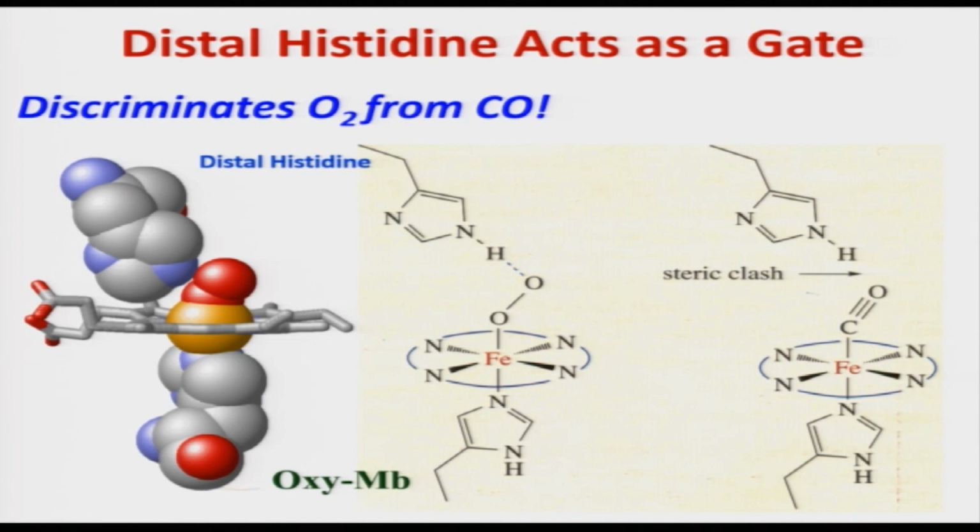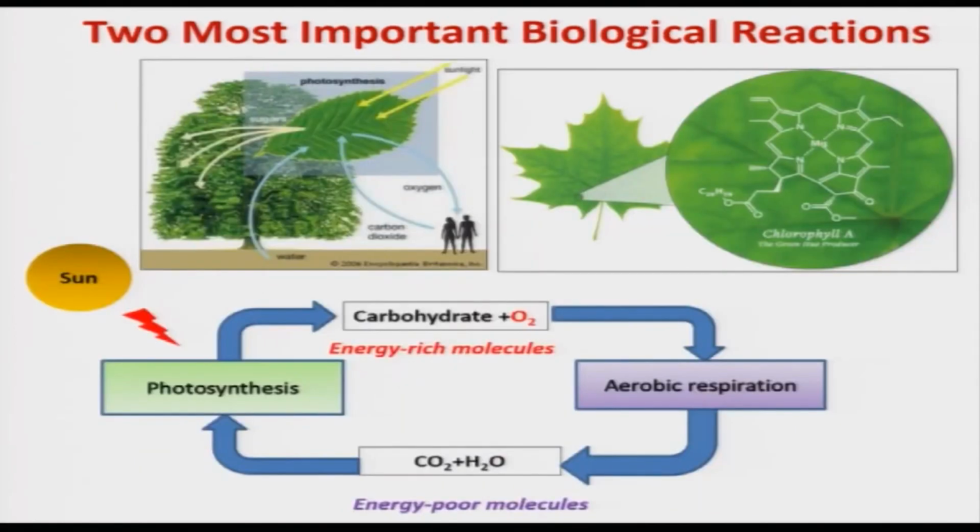In sharp contrast, carbon monoxide is forced to bind in an angular fashion, and thereby this binding becomes very weak, and that is why patients having carbon monoxide poisoning can be treated very easily by just taking the patient to fresh air.